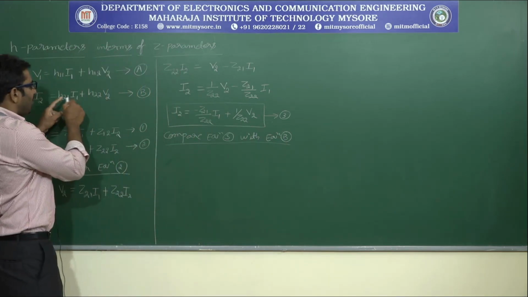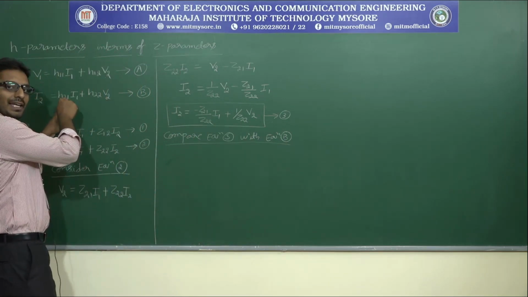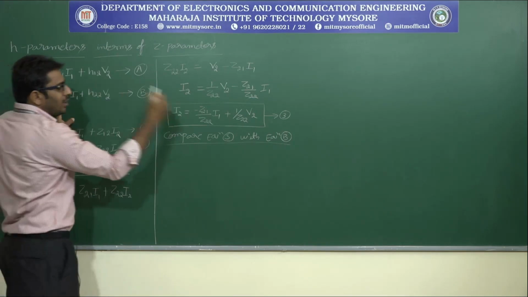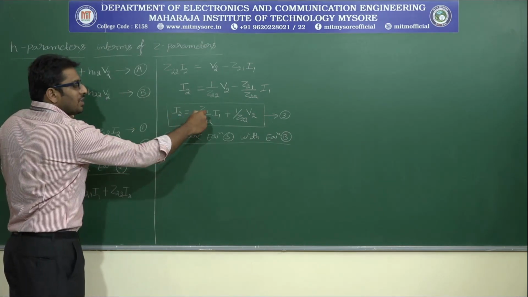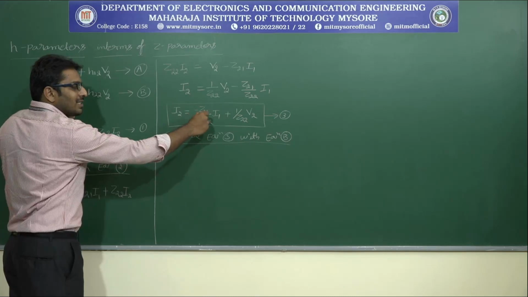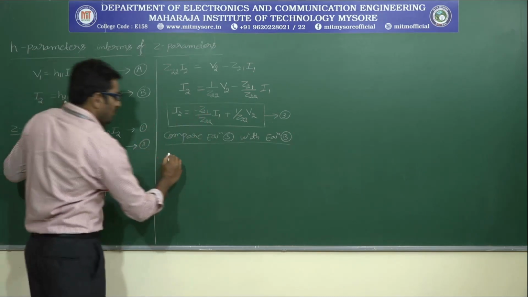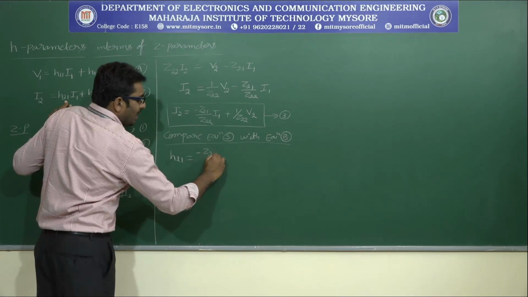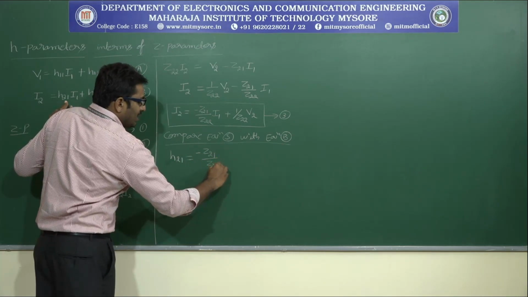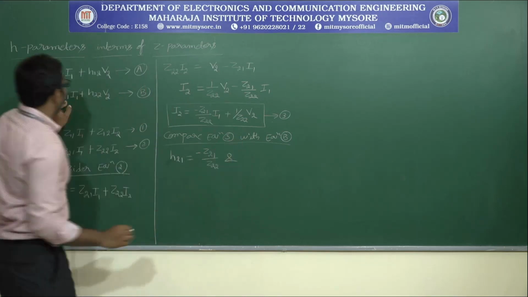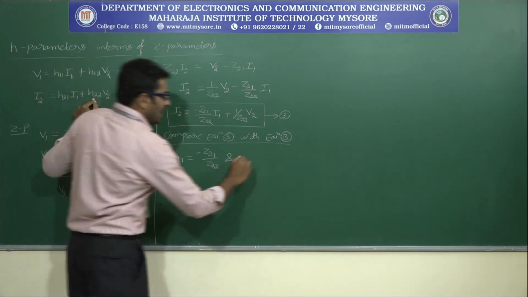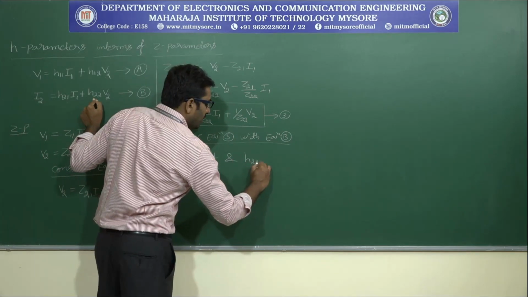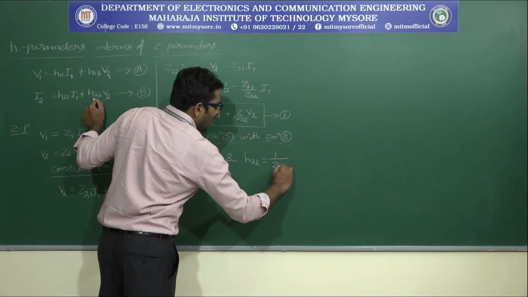What is the coefficient of I1? H21. Therefore, we can equate this H21 with minus Z21 by Z22. Therefore, H21 is equal to minus Z21 by Z22 and H22 is equal to 1 by Z22.